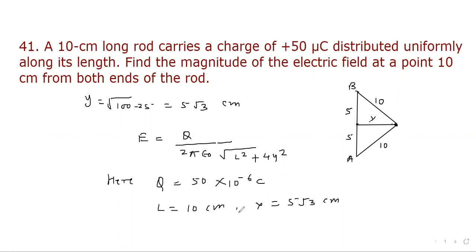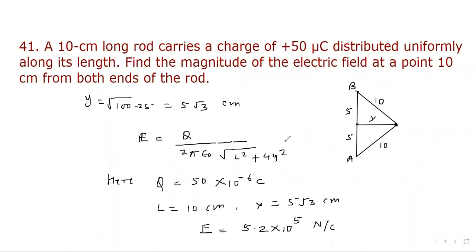And after putting the values, we will get E equal to 5.2 into 10 to the power 5 Newton per coulomb. So here we have used the formula for getting the value of electric field.